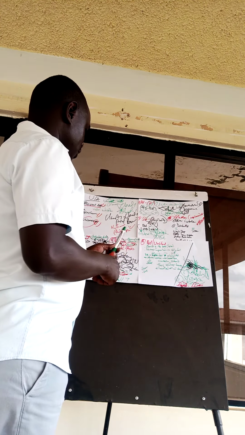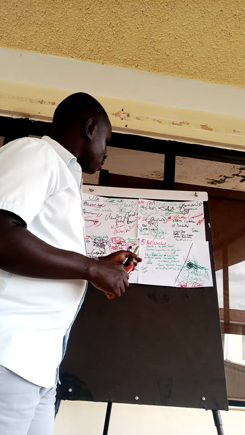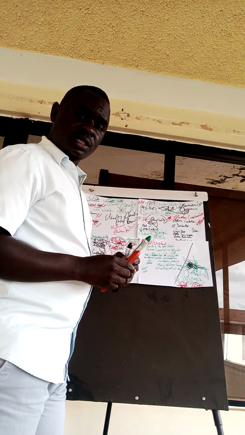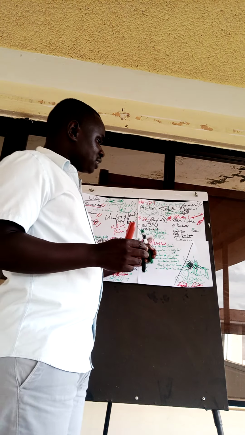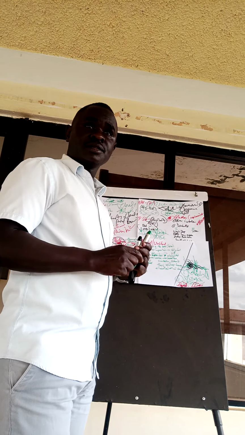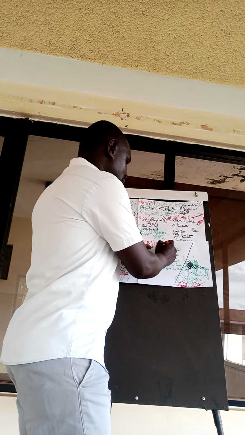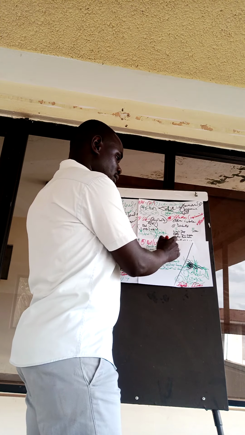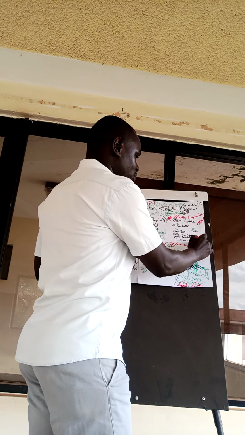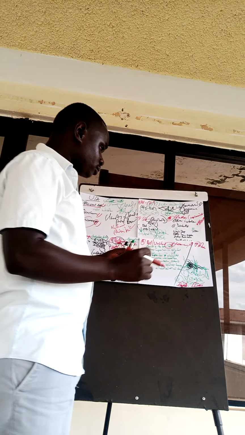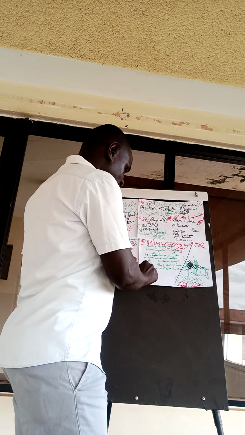Then the last part we are going to discuss is bilirubin and urobilinogen. Bilirubin, first of all, is a product of hemoglobin when red cells are broken down. Red blood cells have a lifespan of 120 days. When the red blood cells die, they are taken into the spleen where they are broken down into heme and globin.